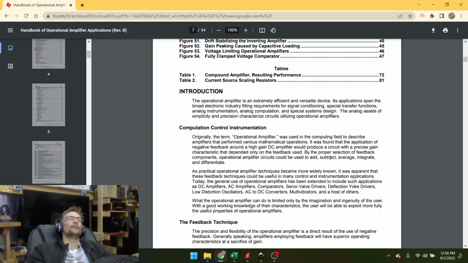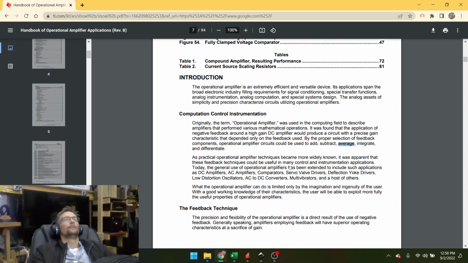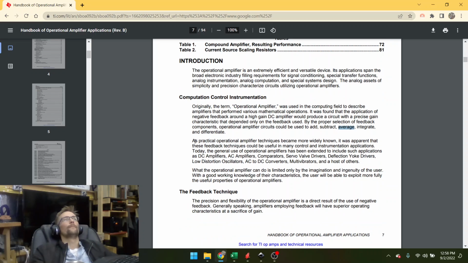Yeah, add, subtract, average. Average, I missed that one. Doesn't that just mean filter? Like a low-pass filter? Huh. Average.